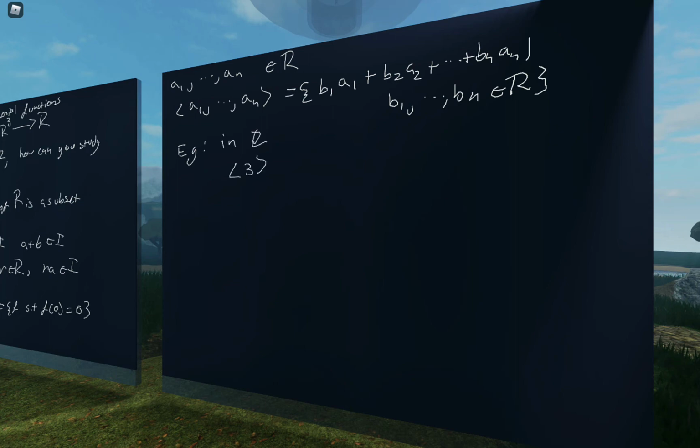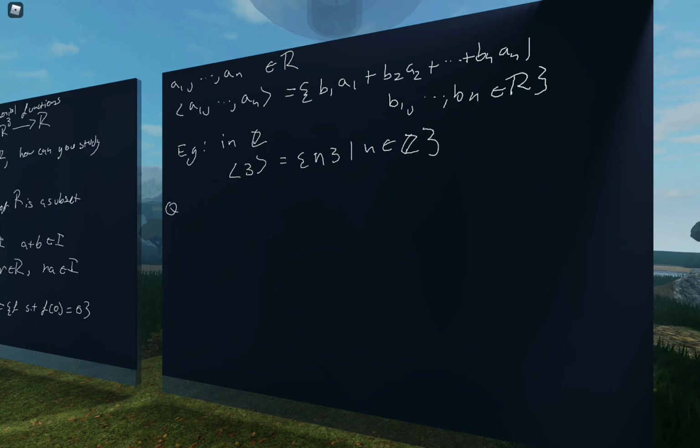The ideal generated by 3 is the set of n times 3 given n is in the integers. And you could think of that as the set of all integers that 3 divides.